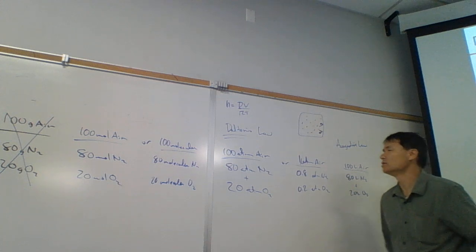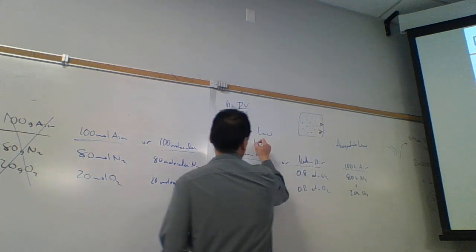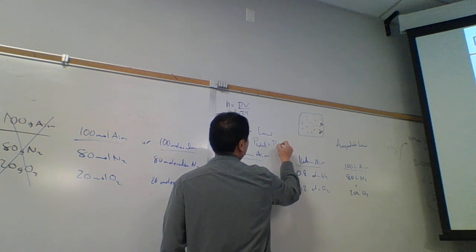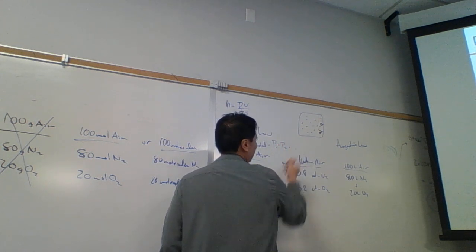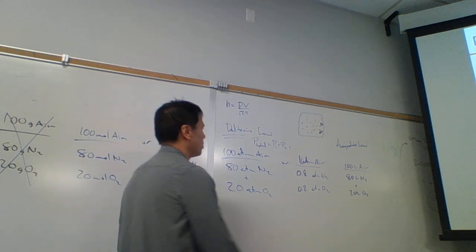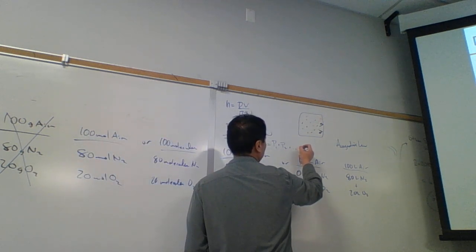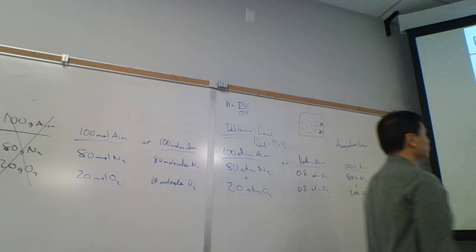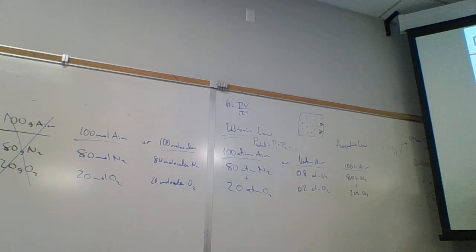And so Dalton's law we can sum up. P total is equal to P1 plus P2 plus however many gases we have in there. So we call that the sum of the partial pressures. So the total pressure here is equal to the sum of the partial pressures.